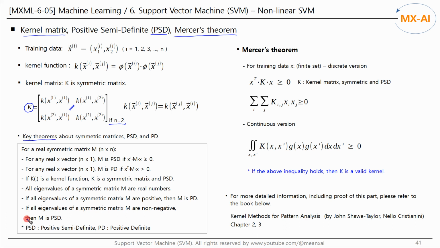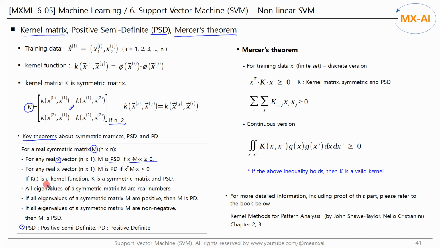PSD stands for positive semi-definite, and PD stands for positive definite. For any real symmetric matrix M, the following theorems hold. For any real vector X, any matrix M that satisfies this condition is positive semi-definite. The kernel matrix K is symmetric and PSD.